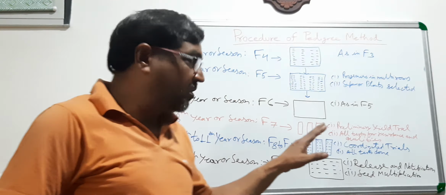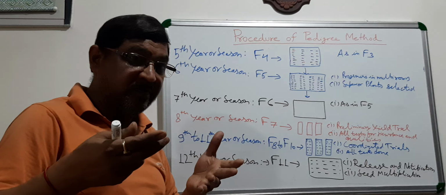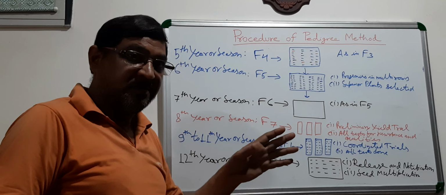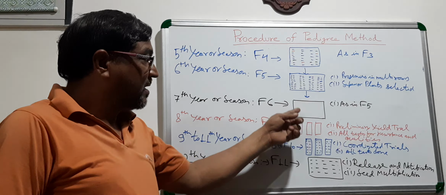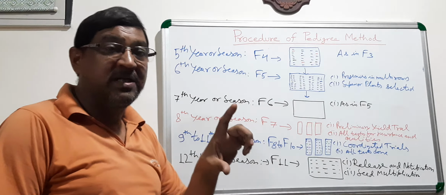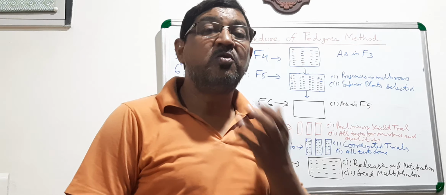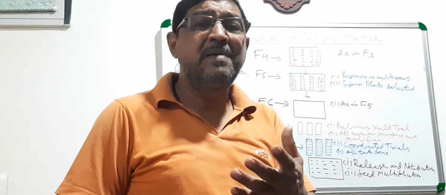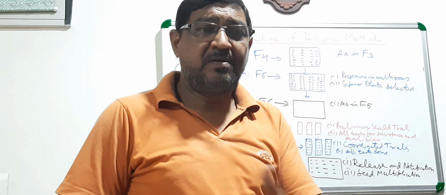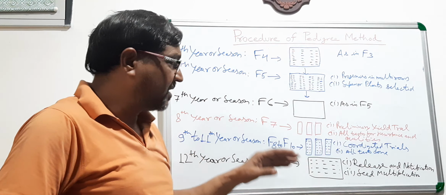Whatever you are going to select here as per your objective, high yielding and better cooking quality and aroma, if you are selecting in the F6 generation, it is hoped that in the F7 generation you are going to have homozygosity and homogeneity.